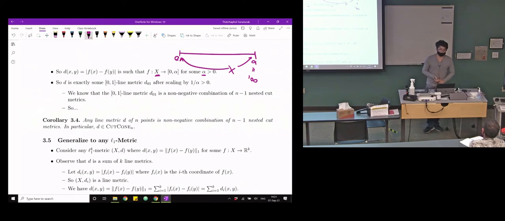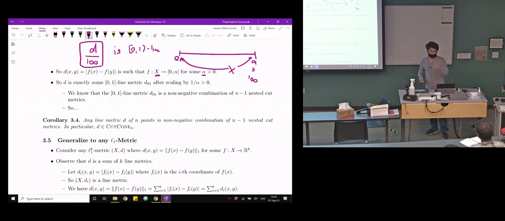If I look at D over 100, then this is a 0,1 line metric. And we already showed that this is just a non-negative combination of nested cut metrics.